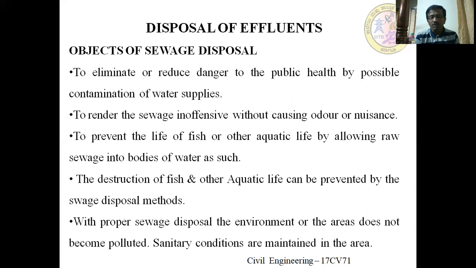Similarly, for on-land and ocean disposal, they are given some standard values. If the effluent has characteristics less than the particular value, then it is possible to dispose. Otherwise, we treat it properly, bring down the concentration to the disposal standard, and then only we dispose.